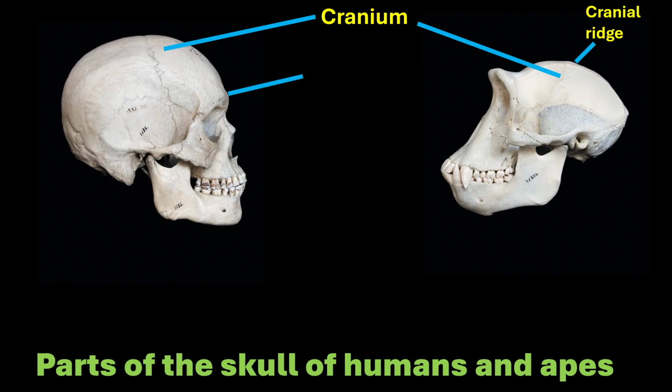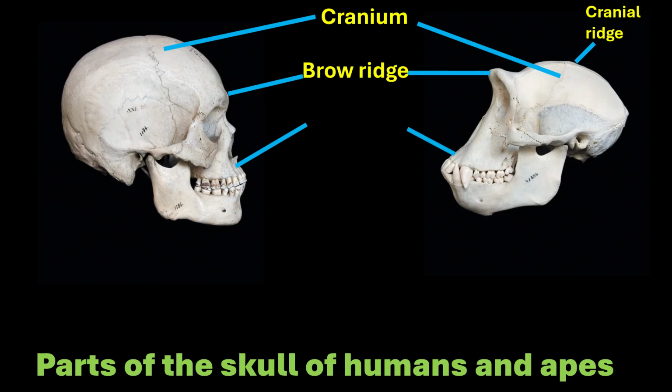Humans and apes both possess what we call the brow ridge, but you can tell the difference between them. One is not well developed, one is very developed. One cranium is smaller, the other is large.